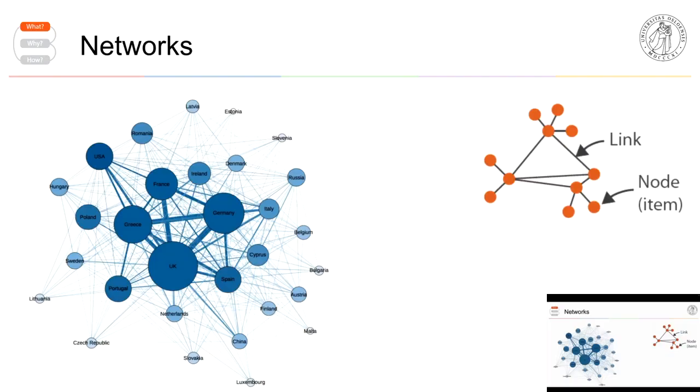We also have the network dataset type, and in this dataset we have nodes, so these will be the items. But in a network we also have links between the items, so this would be between the nodes, and this would represent some relational quality.